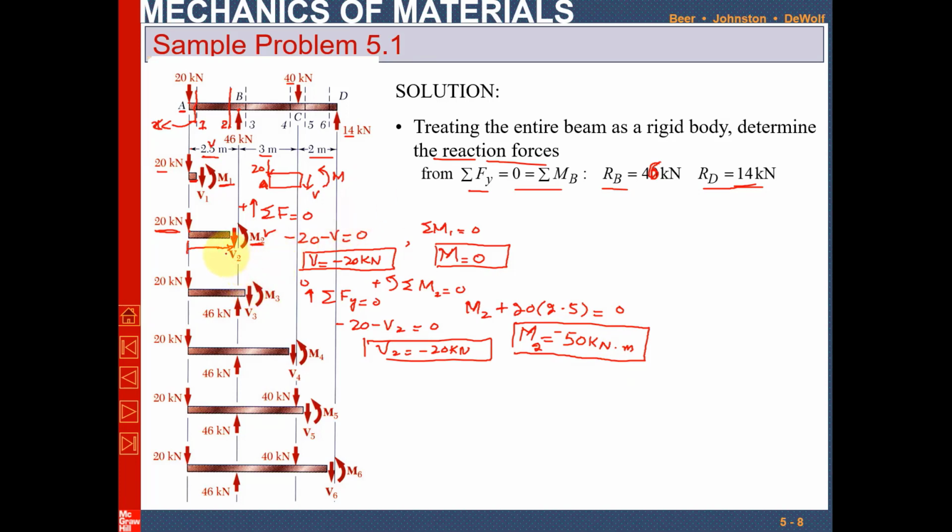So you can see that the shear force is constant, but now the moment is not constant.